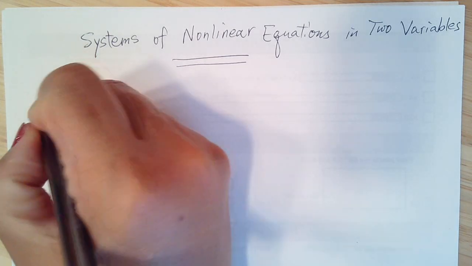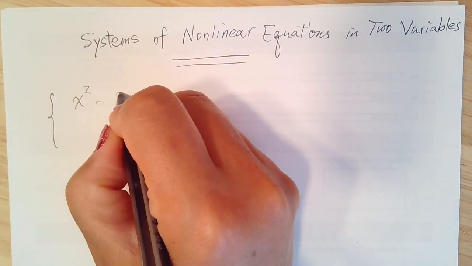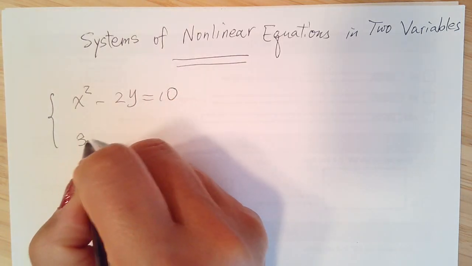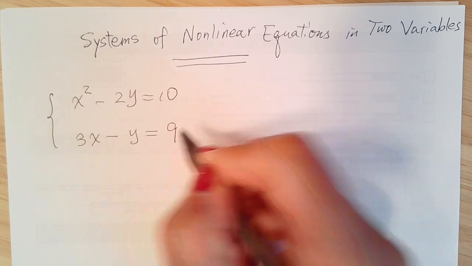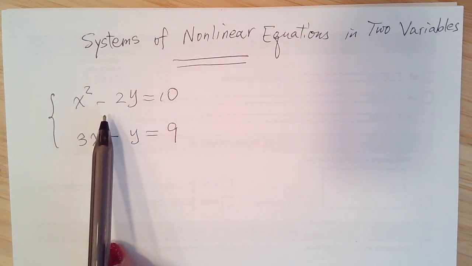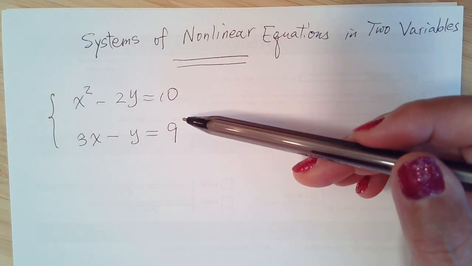Okay, now let's look at the first one. We have x squared minus 2y equals 10, and we have 3x minus y equals 9. This is a linear equation, but the first one is not. The first one has a square term. So when you look at this, do you know how to solve it?